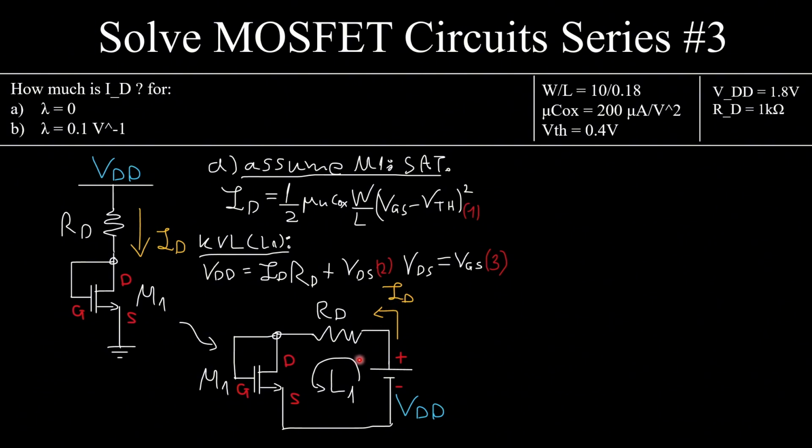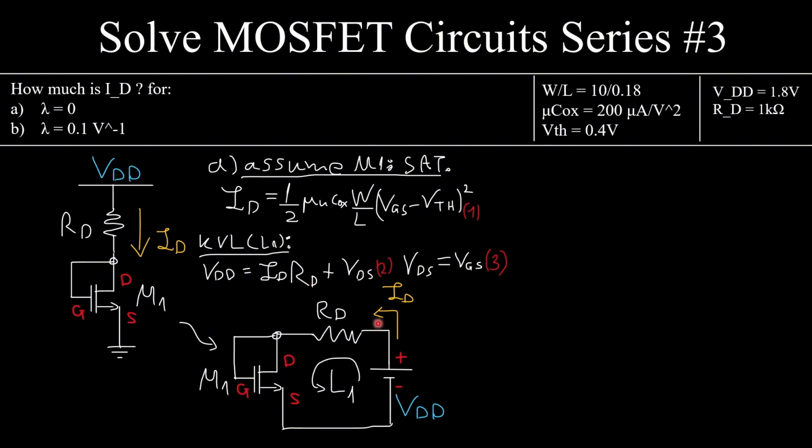Because the current that I have shown like this is going in the same direction as the loop, RD supposedly has the positive terminal from which the current goes in. Maybe it's a bit strange. If you remember from circuit theory 1, this will be very clear.